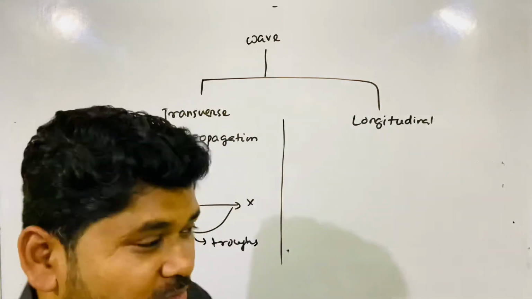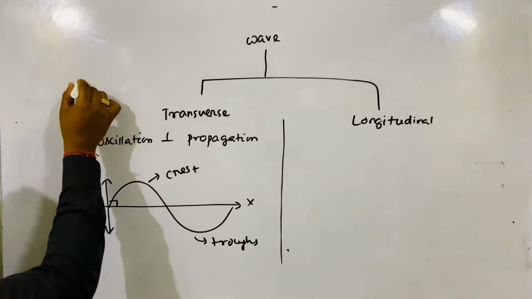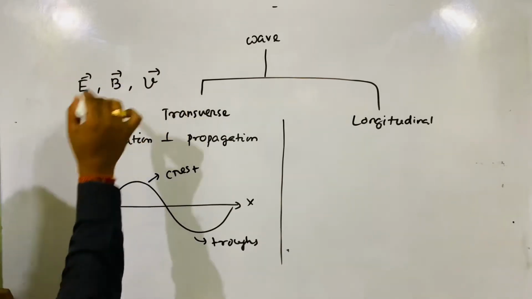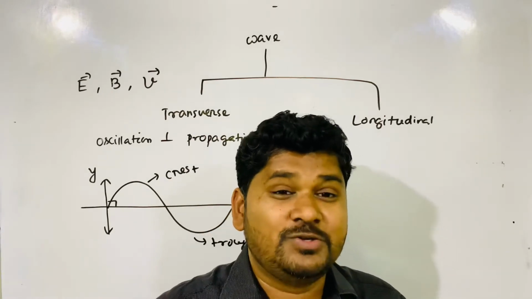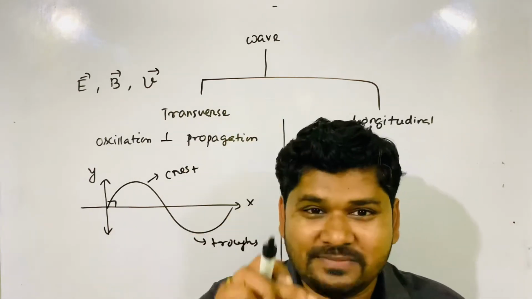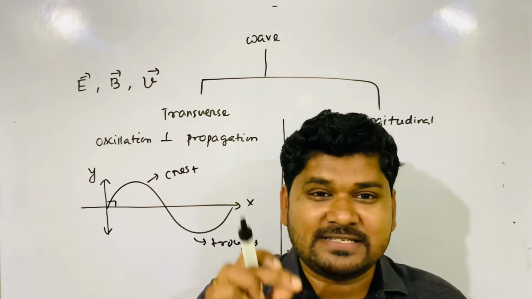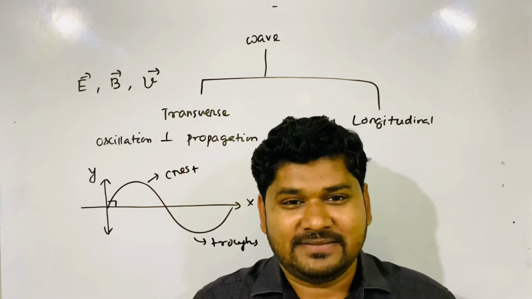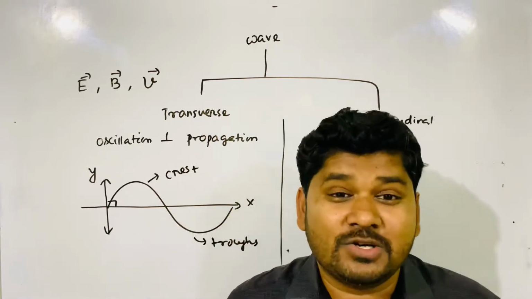In an electromagnetic wave there are three things: electric field, magnetic field, and wave velocity, and they are all mutually perpendicular to each other. If the electric field oscillates along the y-axis and the magnetic field along the z-axis, then the wave propagates along the x-axis.